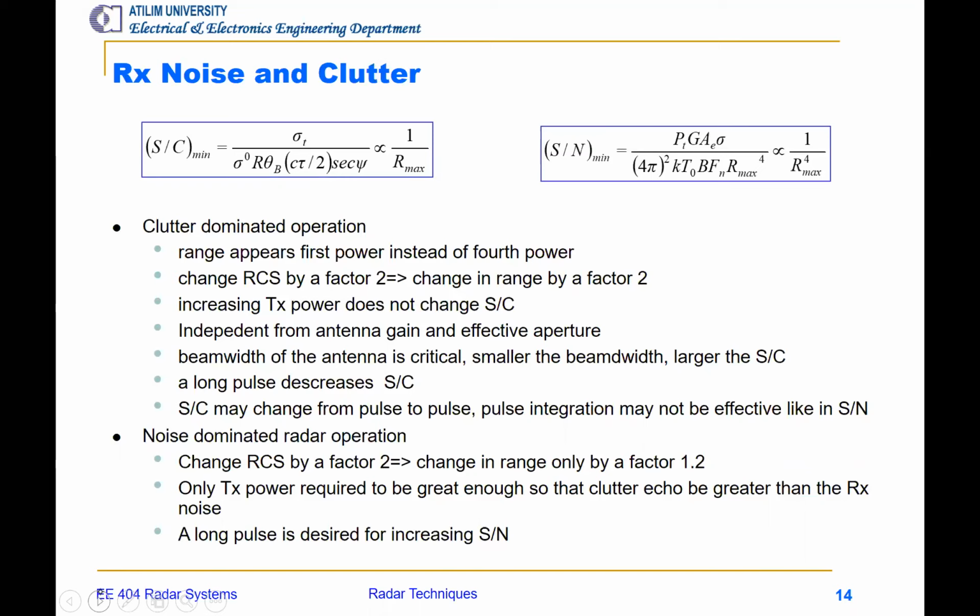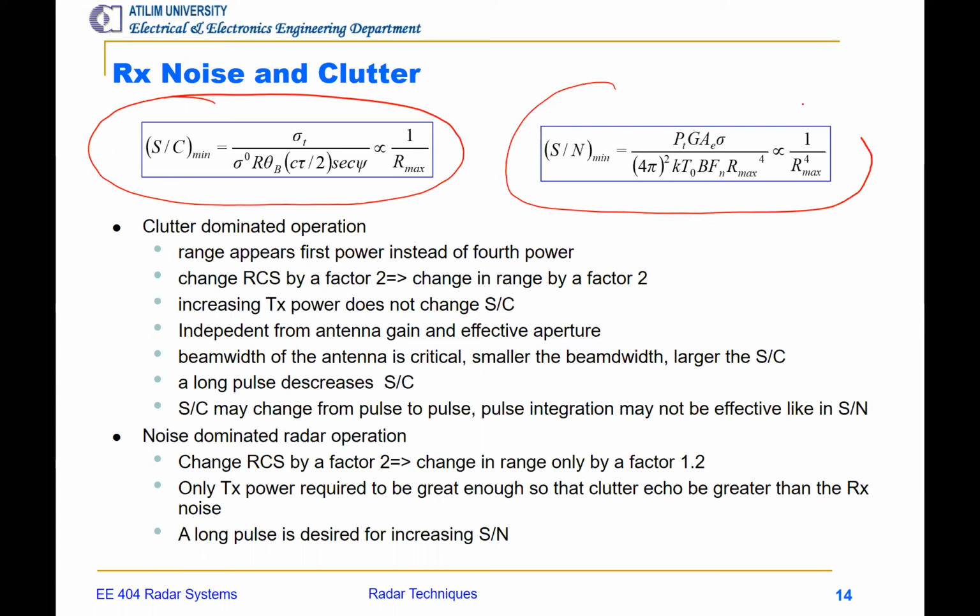There may be two different cases. If the clutter is a limiting factor, then we can talk about this equation. If the noise is a limiting factor, we talk about this equation. So we talk about two cases, clutter-dominated operation and noise-dominated operation.